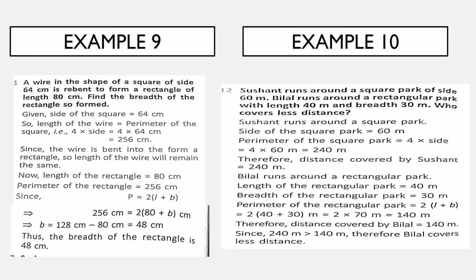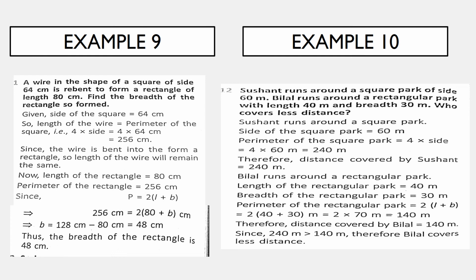Example 9. A wire in the shape of a square of side 64 cm is rebent to form a rectangle of length 80 cm. Find the breadth of the rectangle so formed. Now here the side of the square is given 64 cm and the wire is bent in the shape of a square.